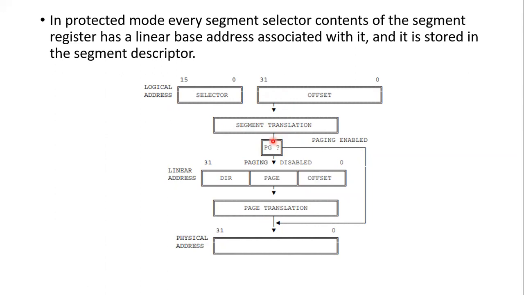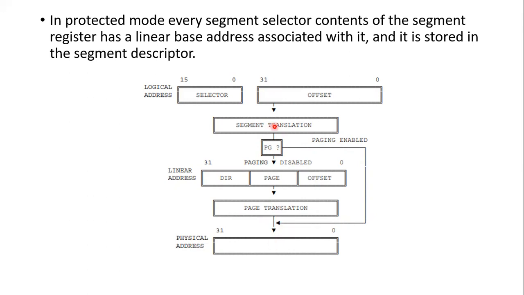If the page translation unit is enabled, then it will take the linear address from the segment translation to the page translation block. Over here it will convert the linear address to the physical address.